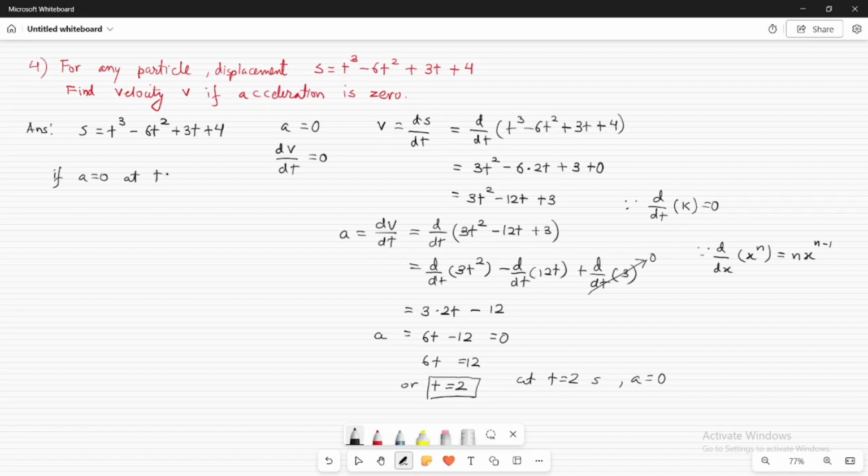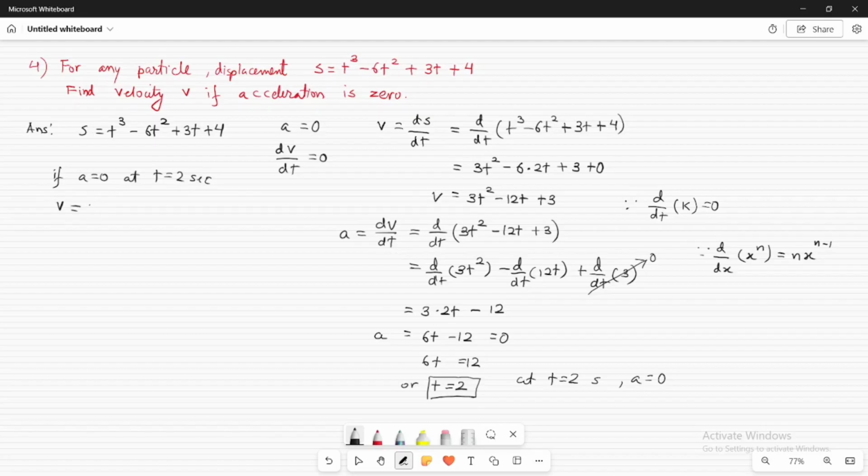If acceleration is 0 at t equals 2 seconds, our question was: find velocity v if acceleration is 0. At that instant of time, acceleration is 0 and t equals 2 seconds, so at that time we have to find out the velocity.